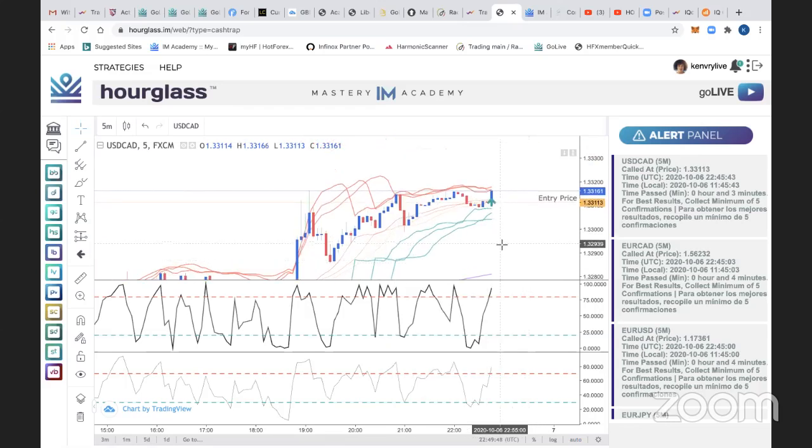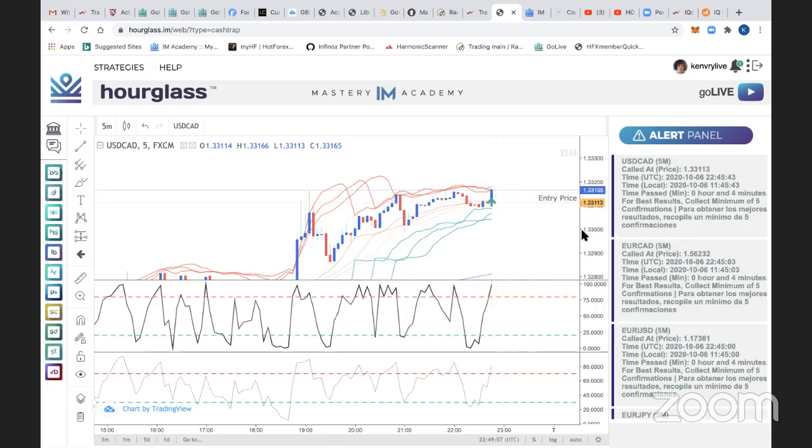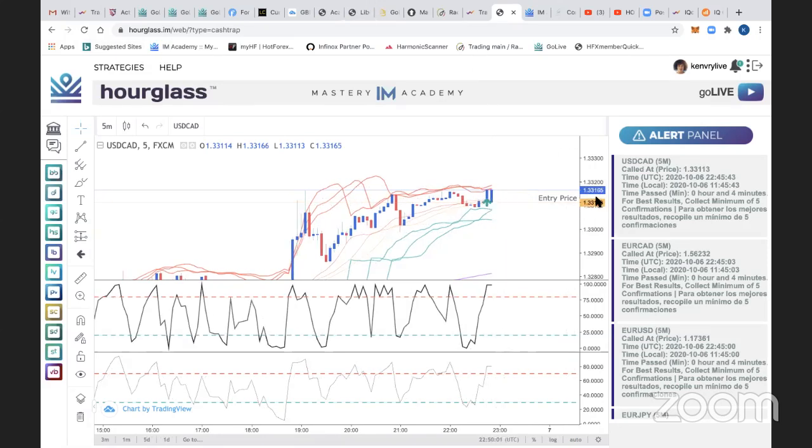This one is very simple. It already gives you the entry for a buy, and you can see this trade is buying right now. All I need to do is go to my IQ Sense, wait for USD CAD at 113, and I take a buy. It's going to call a sell very soon. Now it's preparing for a sell.